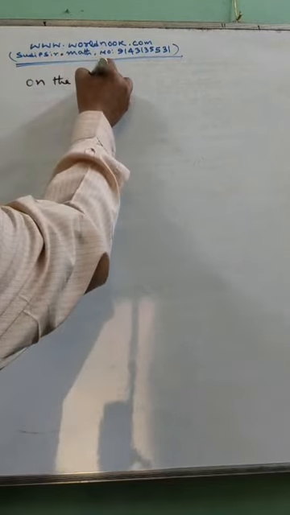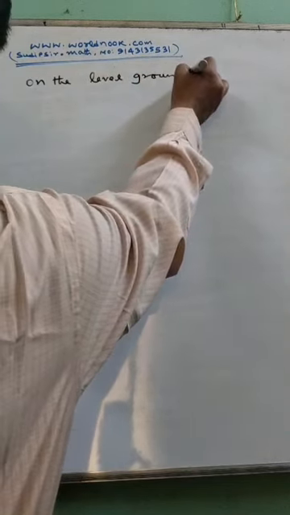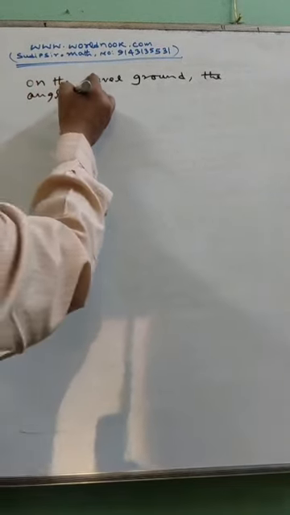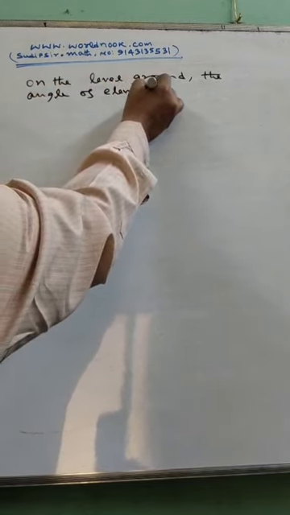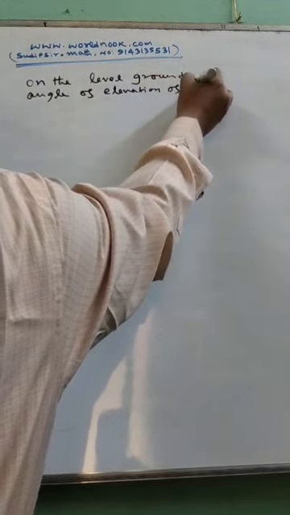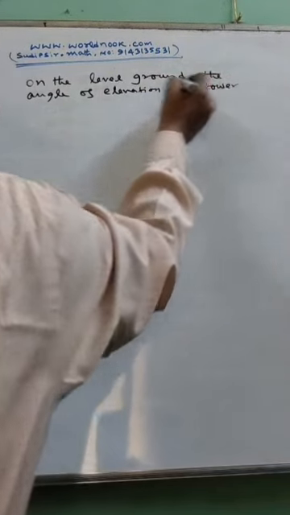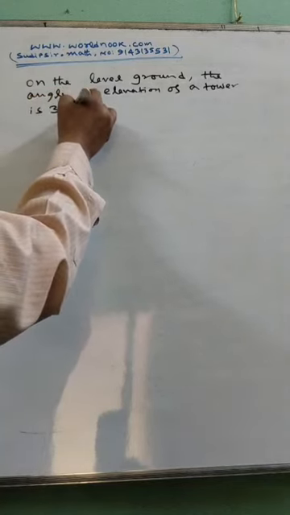On level ground, the angle of elevation of a tower is 30 degrees.